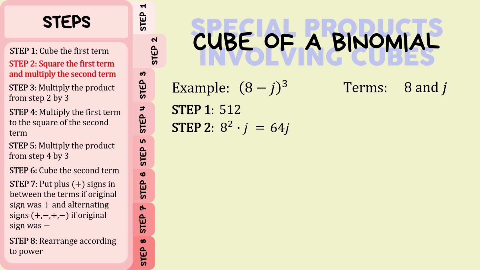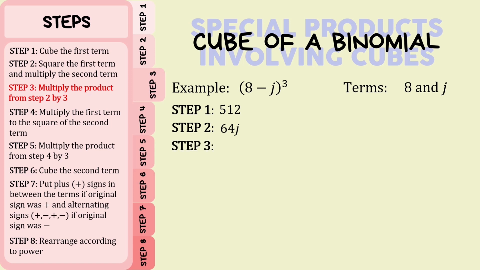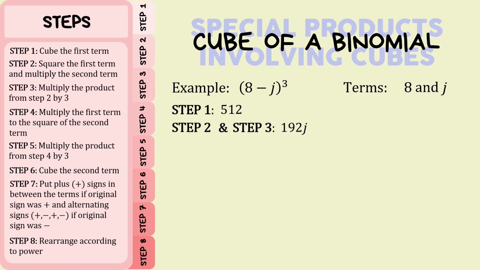The next step is to multiply the product from step 2 by 3. Basically, 3 times 64j, which is equal to 192j. This 192j will become our second term for the product. The next is to multiply the first term to the square of the second term. This would mean we have to copy the first term, which is 8, then square j.